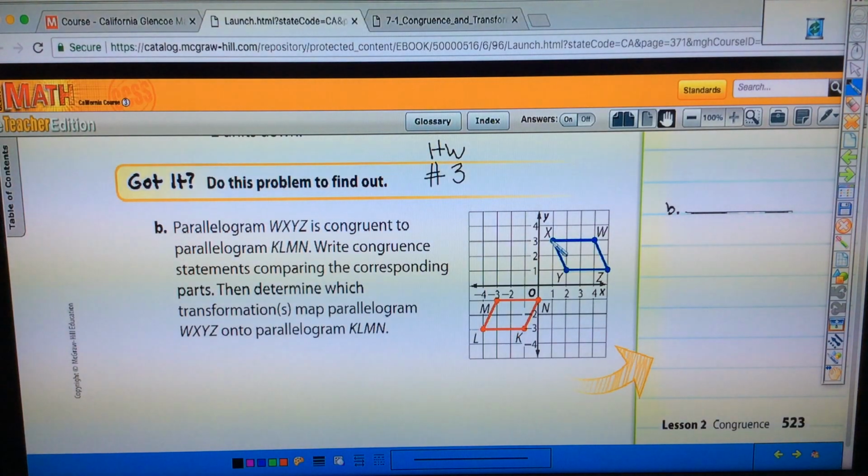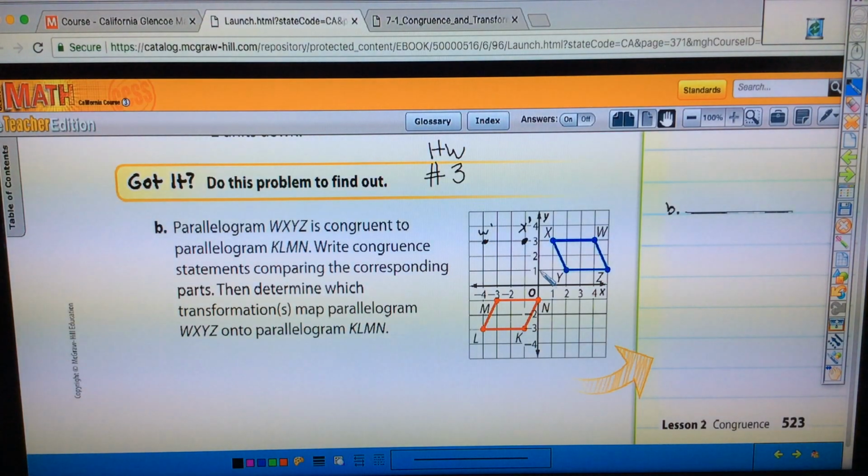So if I take this point here and I reflect it, if it's 1 unit to the right of the y-axis, I know it's going to be 1 unit to the left. I'm going to call that X prime, just so I can keep track of my stuff. W was 4 units to the right, so I know it's going to be 1, 2, 3, 4 units to the left.